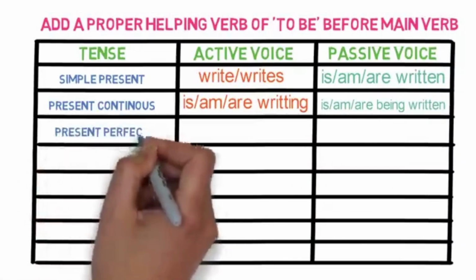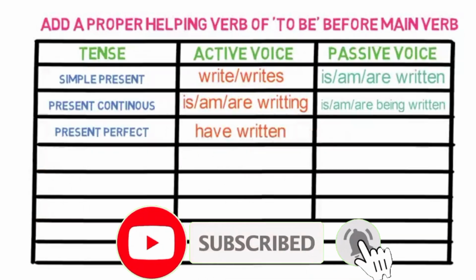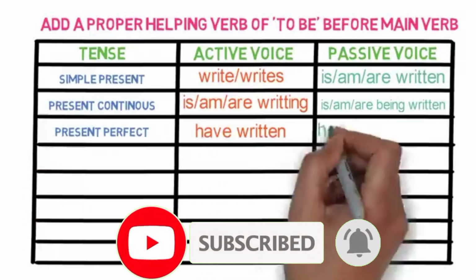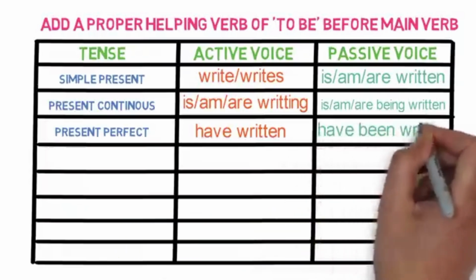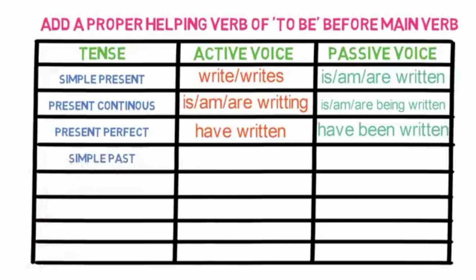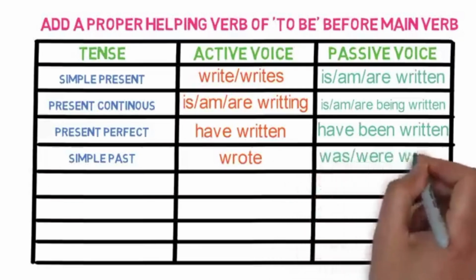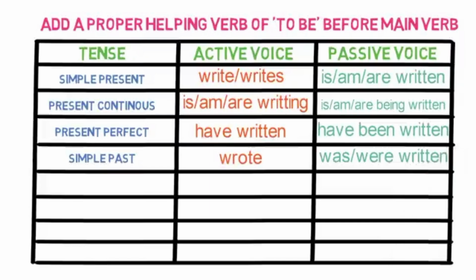Present perfect tense in active voice we use have written, while in passive voice we add been helping verb after have and written. For simple past in active voice we use wrote, which is verb's past form, while in passive voice we add was or were helping verb and verb's third form written.